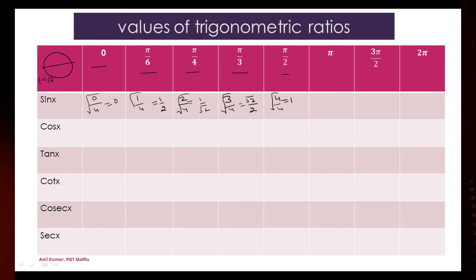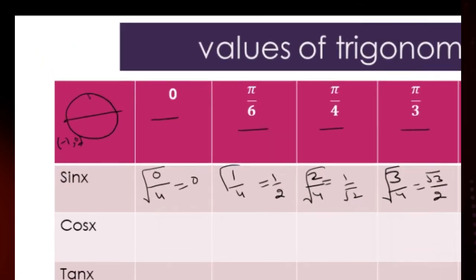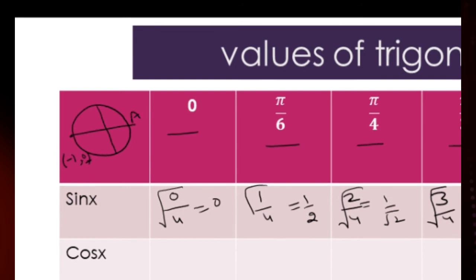So sine will be 0. And at 3 pi by 2, sine will be equal to -1, and at 2 pi, again at point A, if you remember that circle, A, B, C and D.